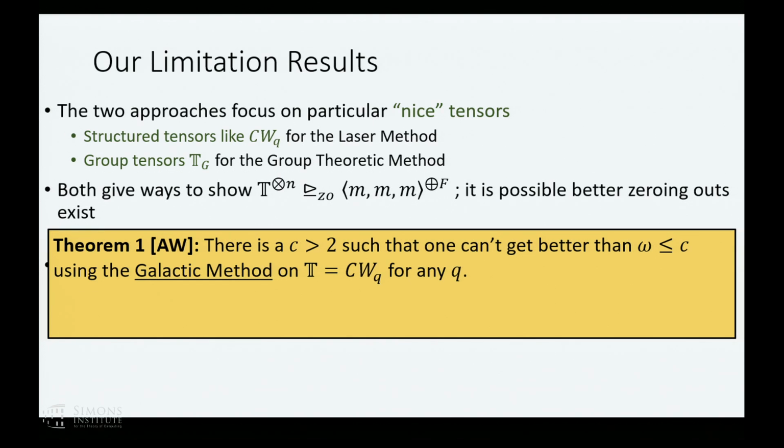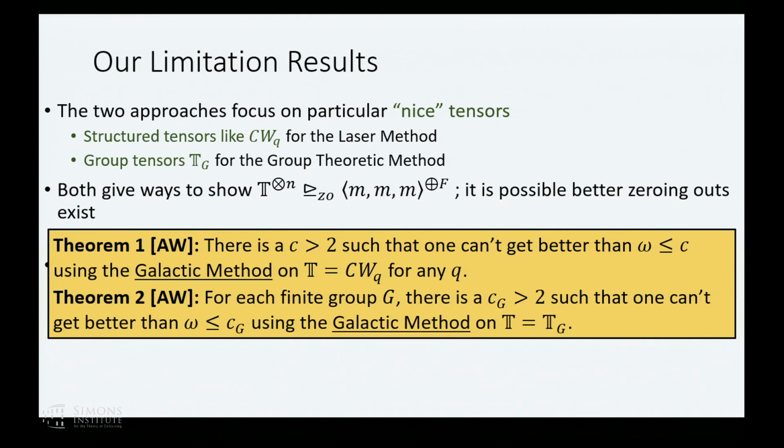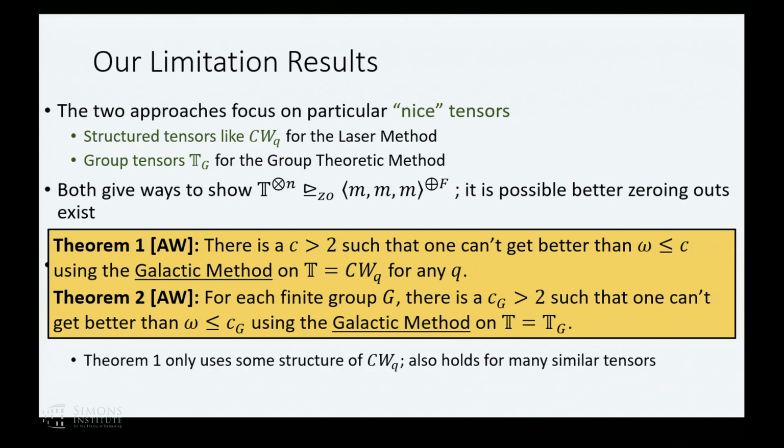And then similarly, we show for each finite group G, there's a constant bigger than 2 such that you can't get better than that constant using the galactic method applied to the group tensor. Yeah, so just a couple of notes about these things. For the first theorem about the Coppersmith Winograd tensor, I'm about to show you pretty much the entire proof.